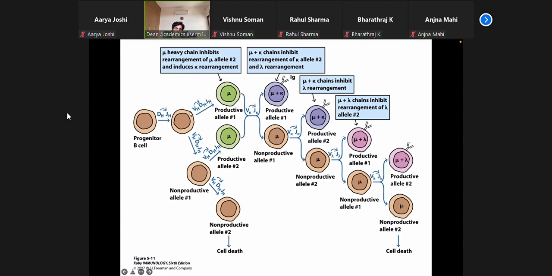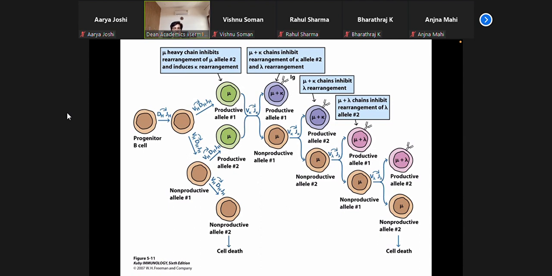Another situation could be that you have a successful rearrangement only in one go, where you have first rearranged this heavy chain. Now the cells start expressing IgM or mu, right? And then in one go, you are able to rearrange for the light chain, in this case kappa. And as you know, this actually is a random process, so you don't have any specific sequence for kappa and lambda.